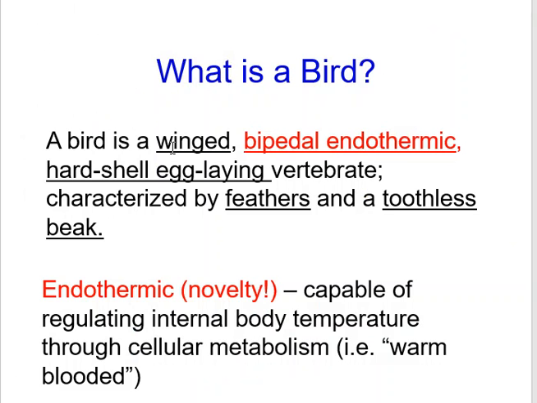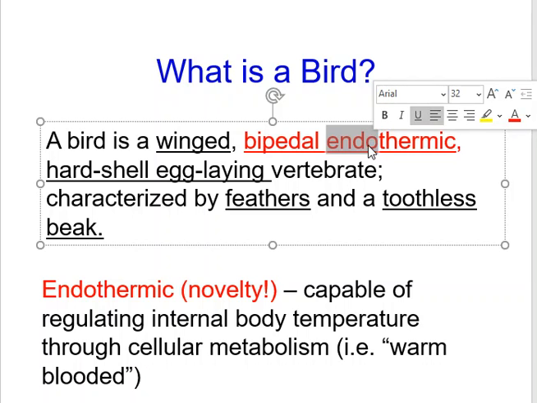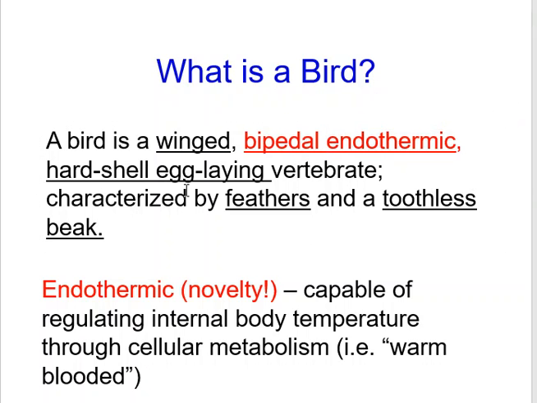What is a bird? A bird is a winged, bipedal, endothermic, hard shell egg laying vertebrate. So it is winged, this is a novelty, and it is endothermic. This is a novelty compared to reptiles. There is no novelty in hard shell egg. We already described this hard shell egg, and it's identical to the egg of reptiles.